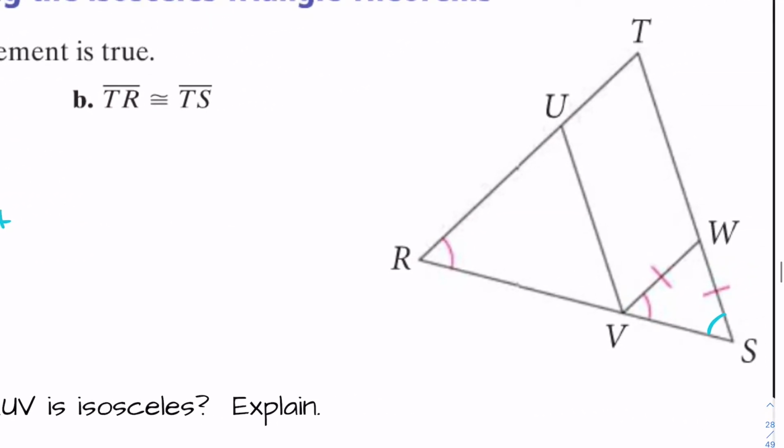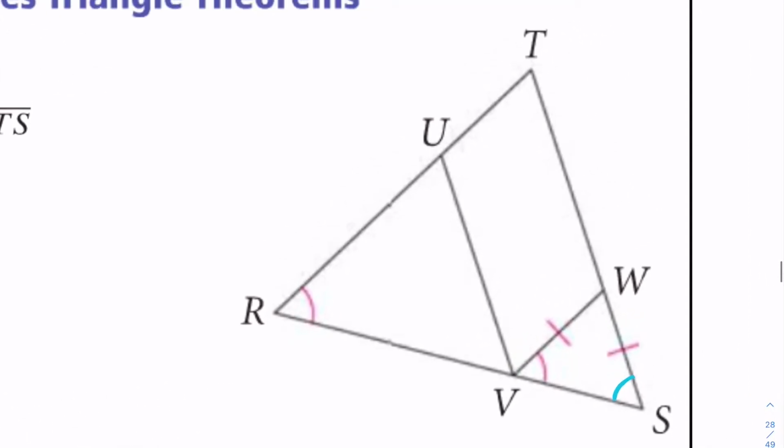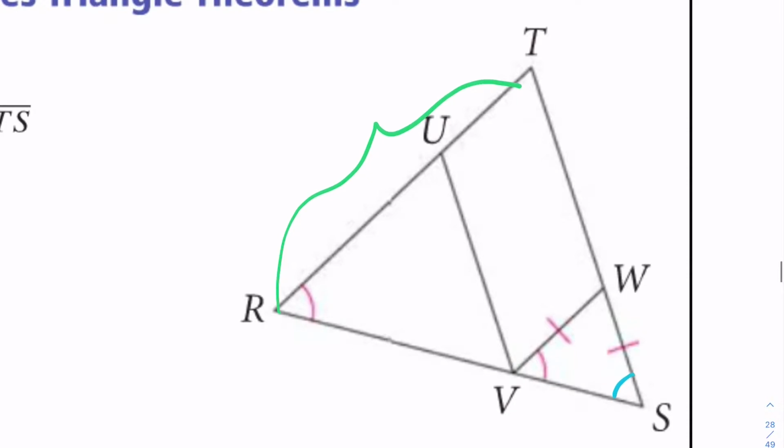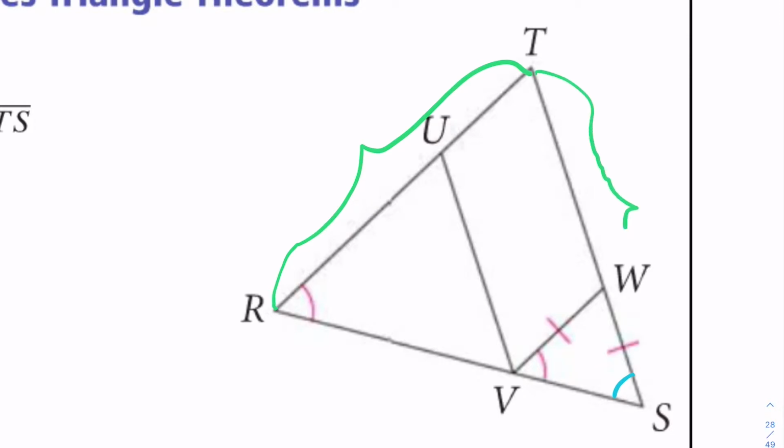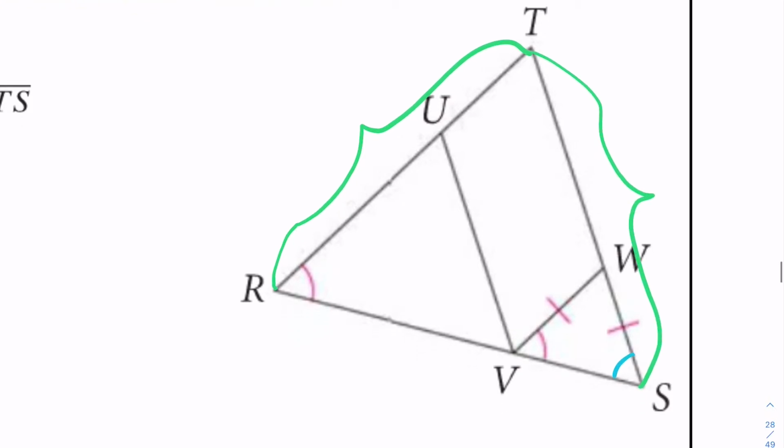And then what about TR and TS? Well, TR is this part right here, and TS is this part right here. Those are congruent. Why would those be congruent? Well, take a look.